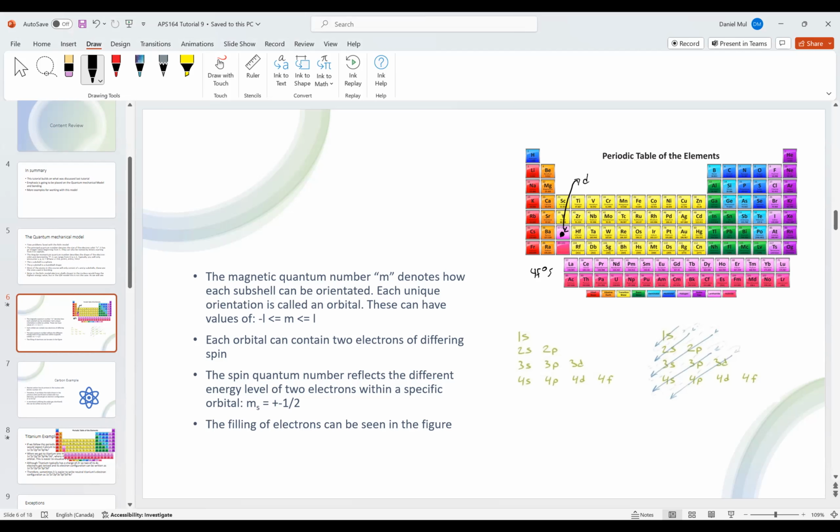It's 5d1 6s2. So it physically holds this position, and it's the same with actinium here. So even though it's one of the 14, the 4f1 starts with cerium.